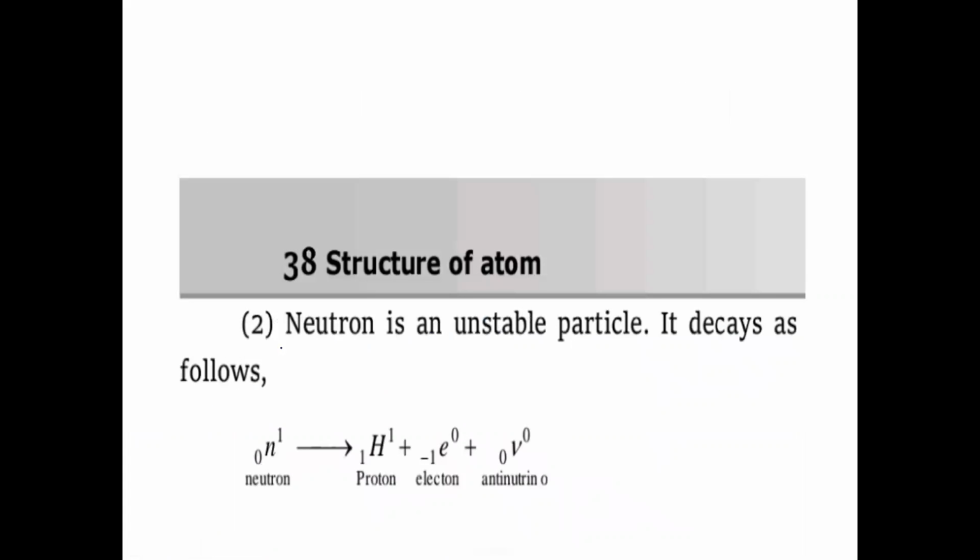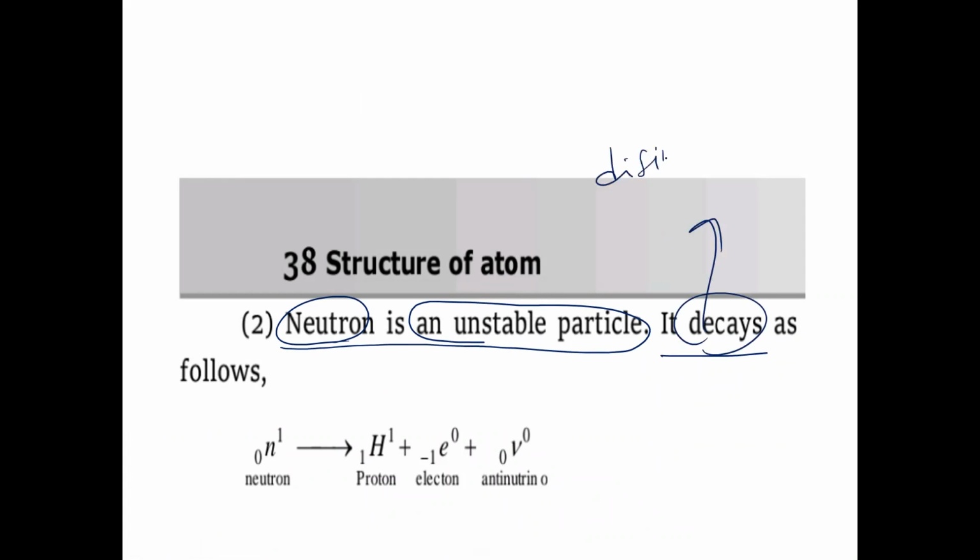Now next one. Neutron is an unstable particle. It decays. Decays means it decomposes, disintegrates, breaks down. It decays as follows.